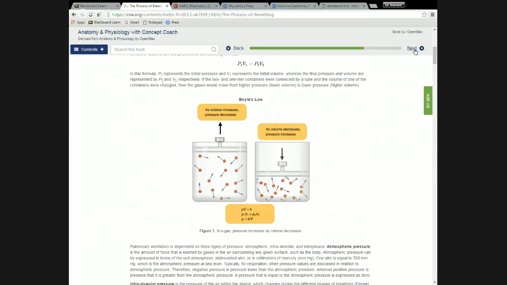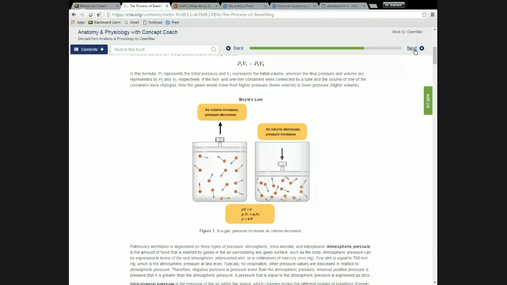Now, when we use pressure, we're actually not going to use atmospheres because that's actually a pretty big unit. The pressure of air at sea level is 1 atmosphere. We can also measure that in millimeters of mercury, which is a unit we're used to using for blood pressure. There's 760 millimeters of mercury worth of pressure in 1 atmosphere.